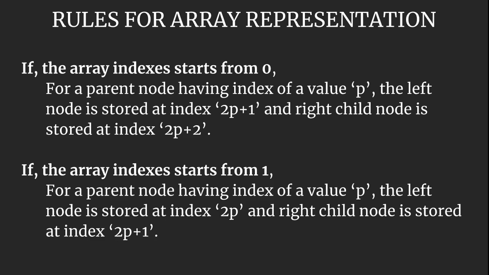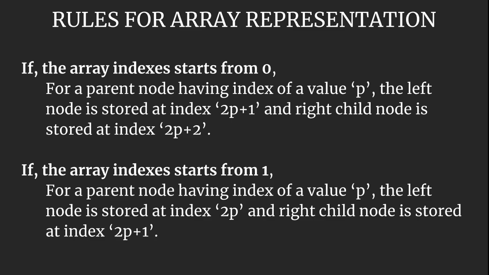And if the array indexes start from 1, then for a parent node having an index value of p, the left child node is stored at index 2p and the right child node at index 2p plus 1. These are the things we have to keep in mind when we do the programming part of the representation.